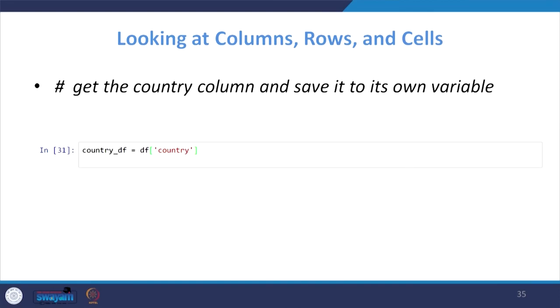If you look at the data which I have shown initially, country is one of the columns. So I want to pick up only that country column and save it. I am going to give it the name country_df equal to df. You see that you have to open the square bracket within quotes.